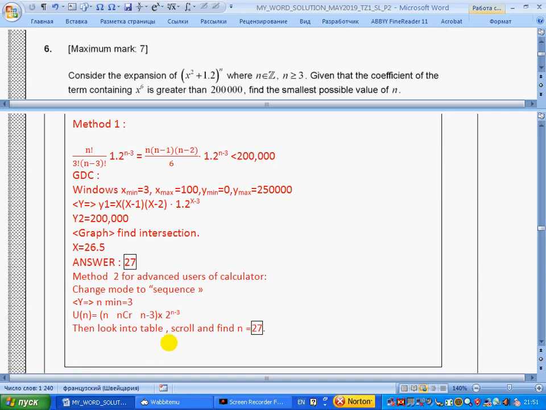So x minimum will be, n will be, so x is n. So x minimum will be 3, x maximum, for example, 100, y minimum 2, and y maximum 250,000. Let's check.